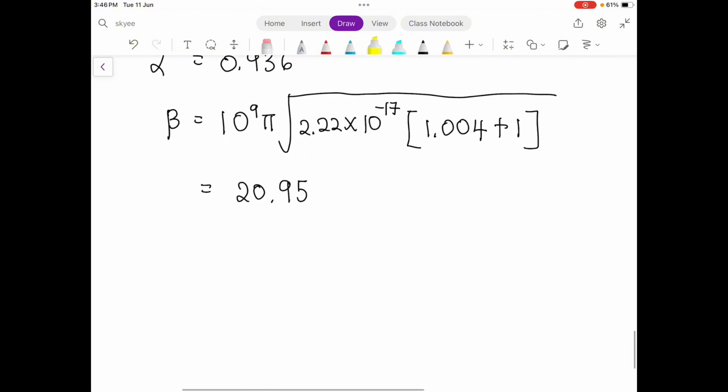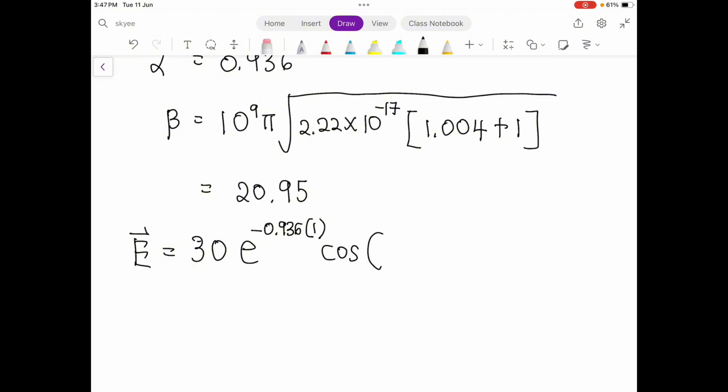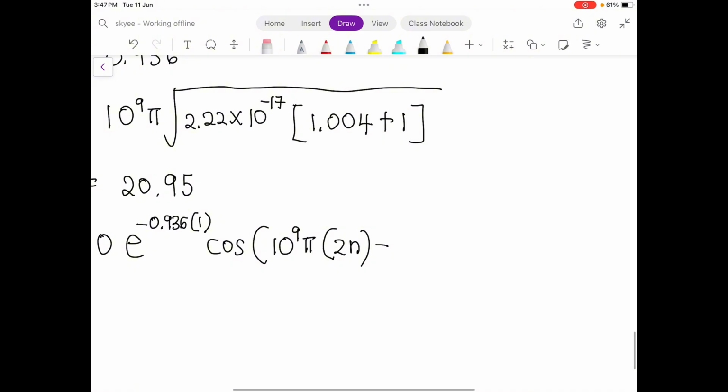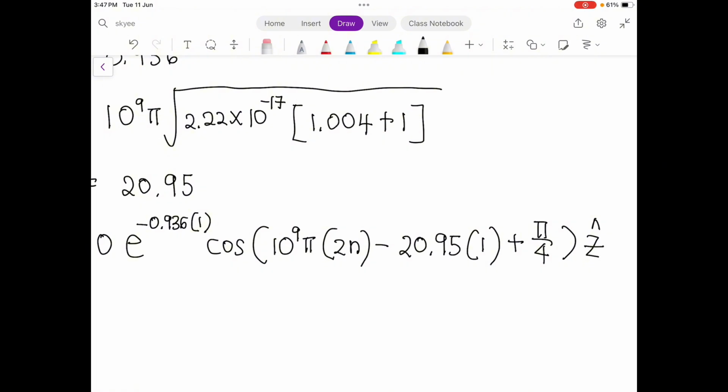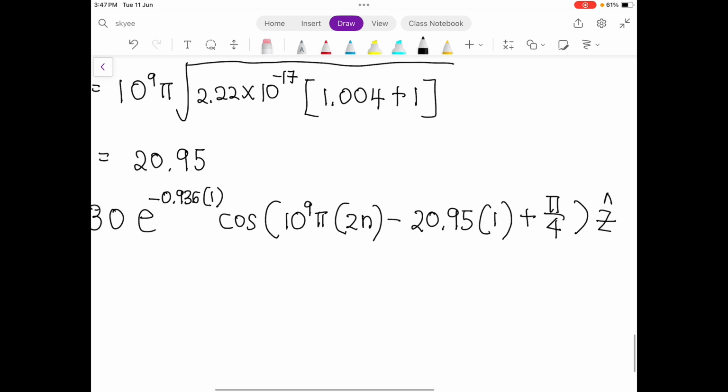Okay, let's do it. Write down: E is equal to 30 e to the power negative 0.936, with y equal to 1, then cos of 10 power 9 pi times t, where t is equal to 2 nano, minus beta, which is 20.95, with y equal to 1, plus pi over 4, and the direction is Z. Here I need you to take notes.